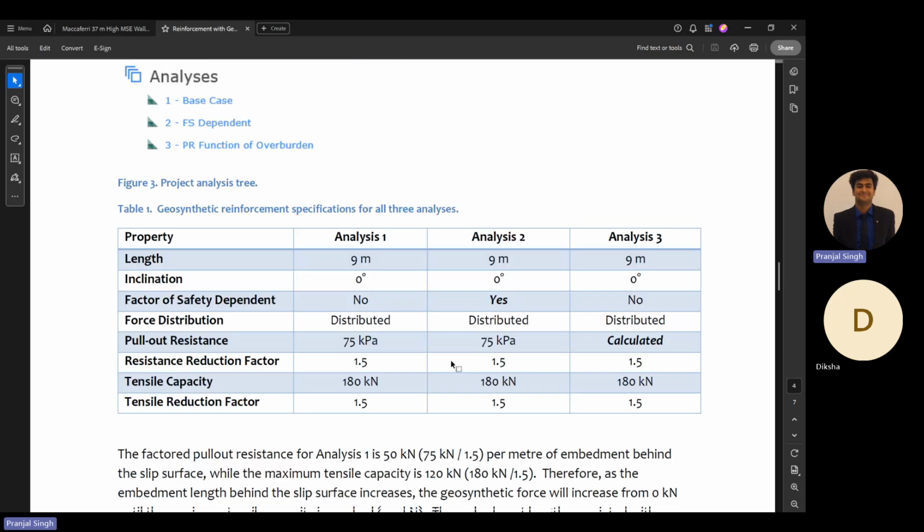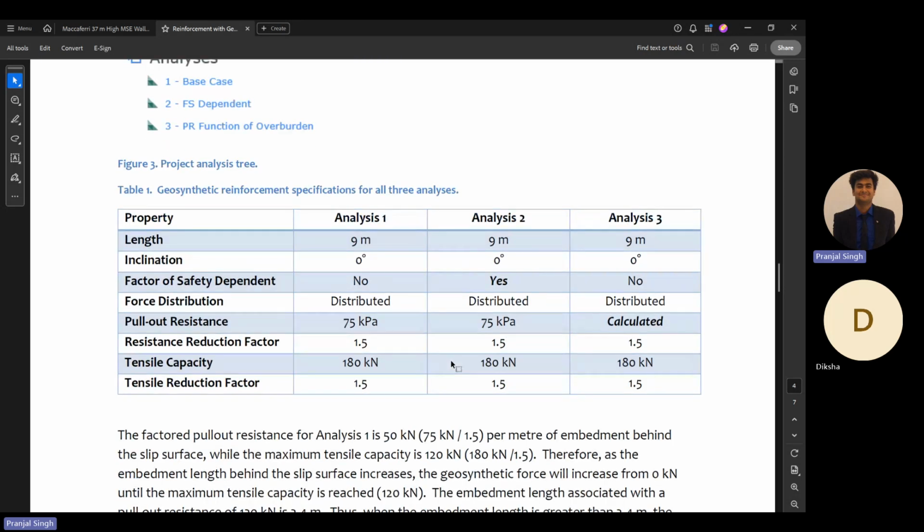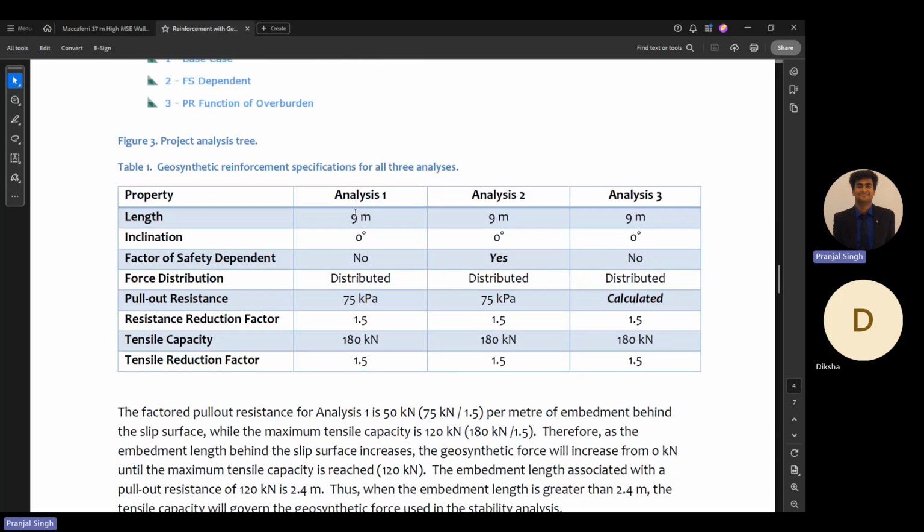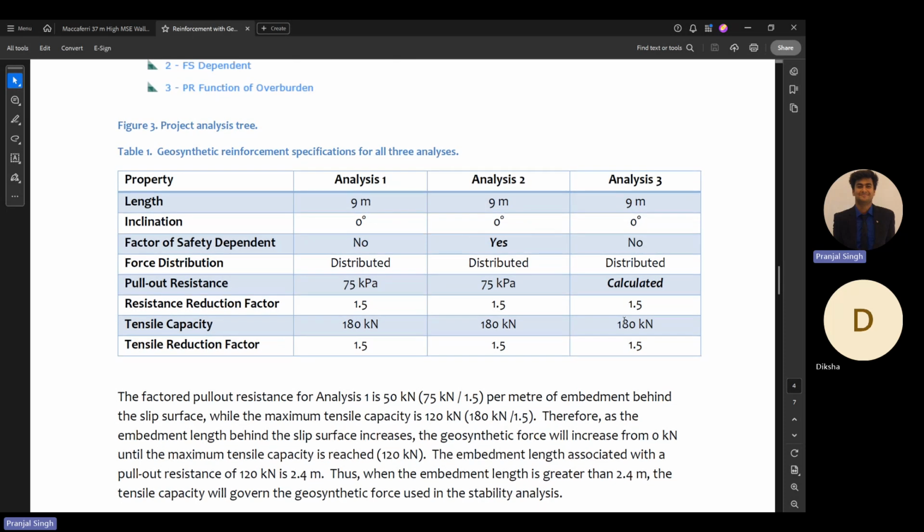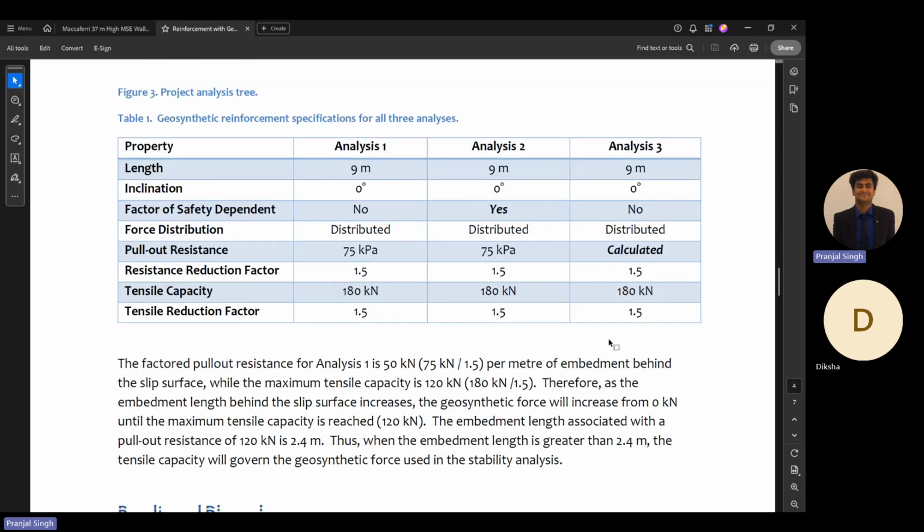So these are the different properties which have been provided. You can see the length is 9 meters and pull-out resistance is actually constant. But in the third case, it is calculated based on the overburden values. And these are the resistance reduction factors. And these are the tensile capacities.